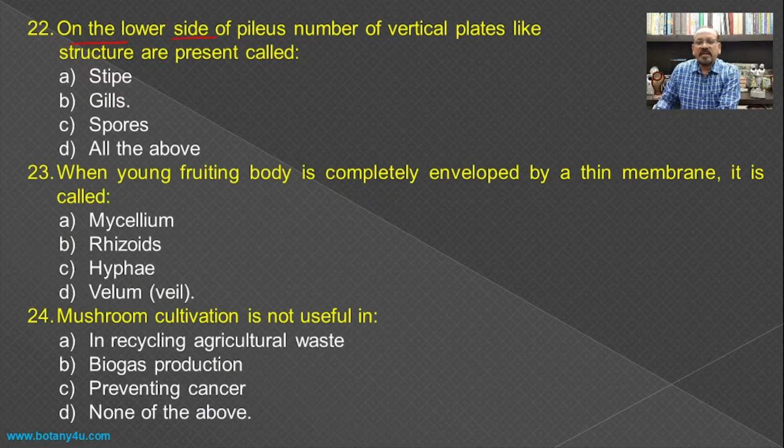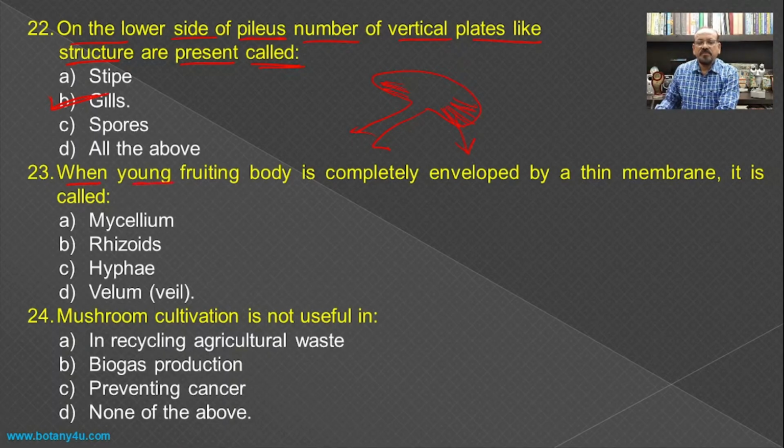On the lower side of Pileus, a number of vertical plate-like structures are present called as. We know in the mushrooms there are vertical plates which are responsible for the production of the basidiospores, and these are known as the gills, lamellae, or the hymeneum.